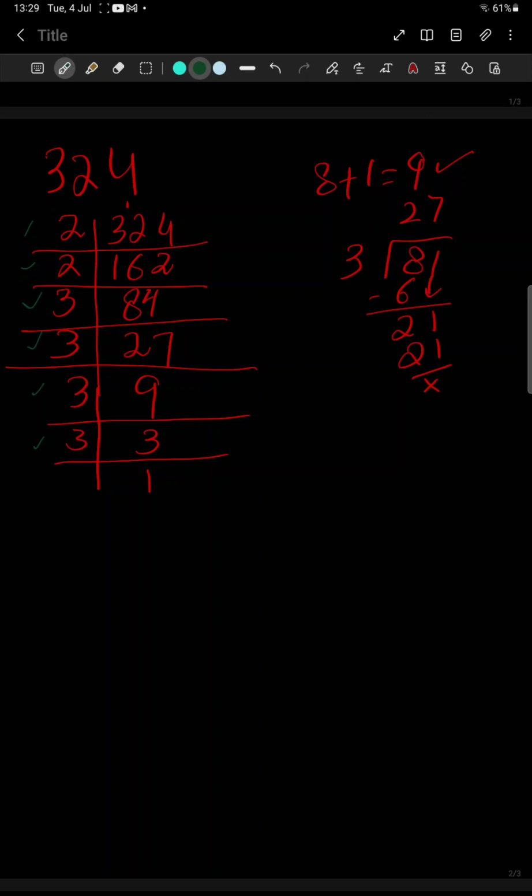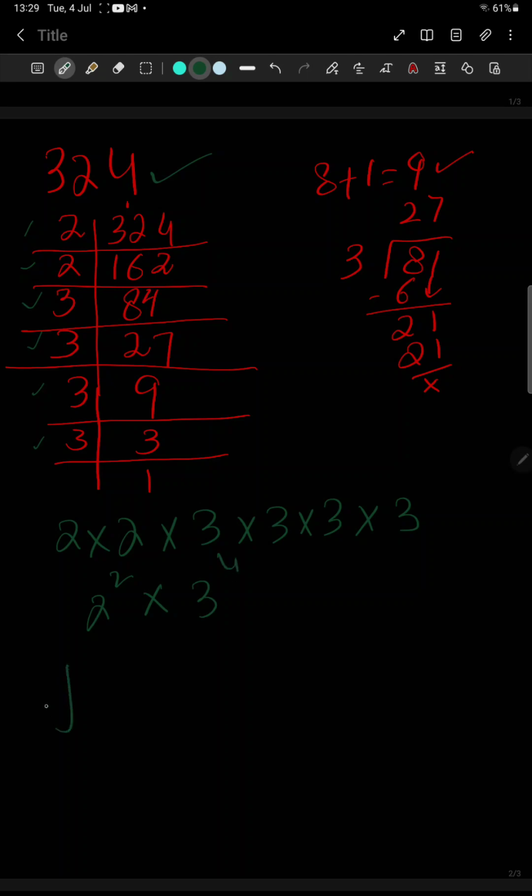Okay, now what is the prime factorization over here? 2 into 2 into 3 into 3 into 3 and into 3. We can write it as 2 raised to power 2 multiplied by 3 raised to power 4.